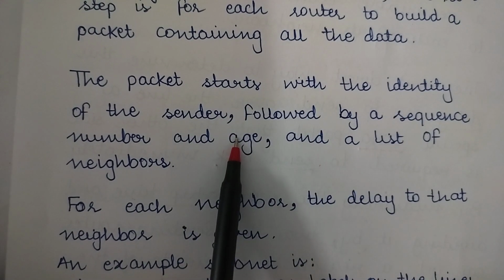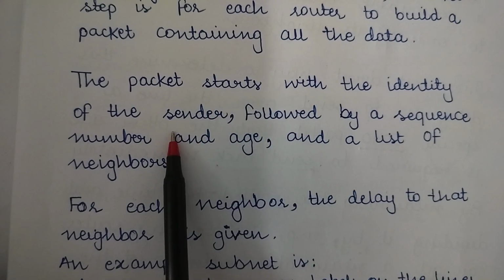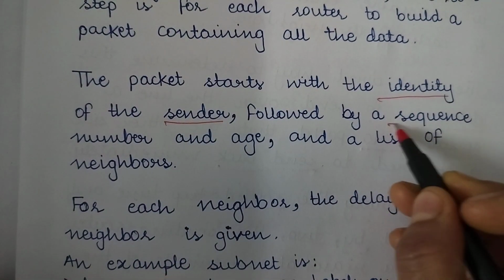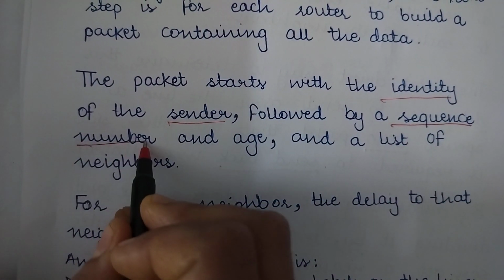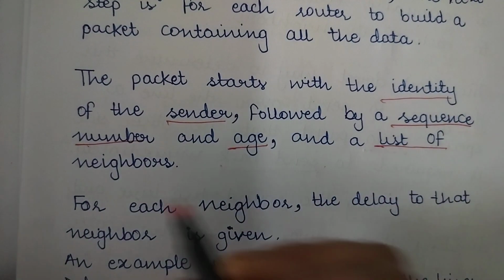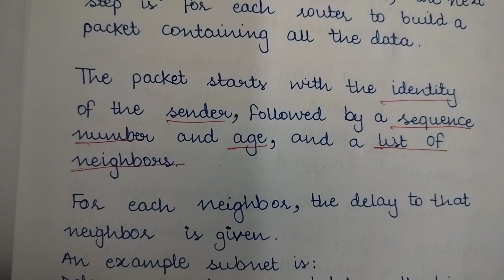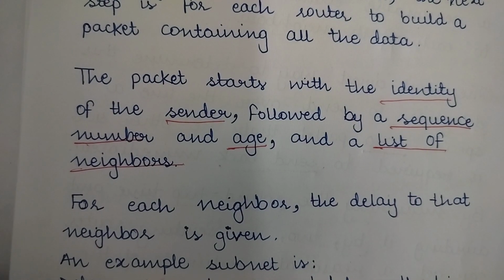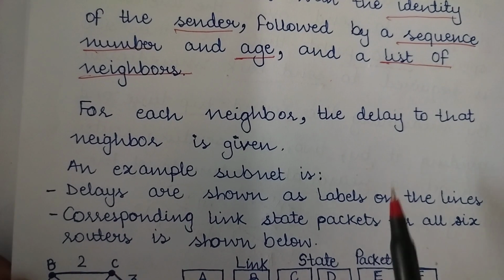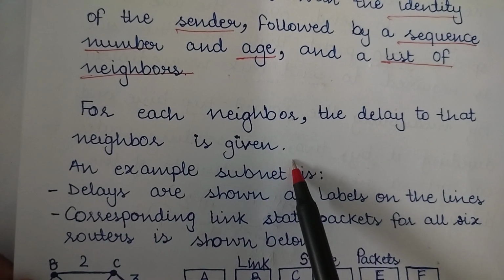So what information does this packet have? This packet has the identity of the sender, then the sequence number of the router, then the age of the router, and the list of all the neighbors of that particular router. So this is all the information that is contained in a link state packet. For each neighbor, the delay to that neighbor is given, right?